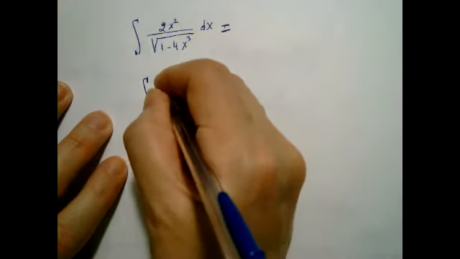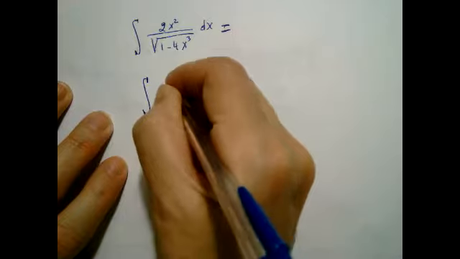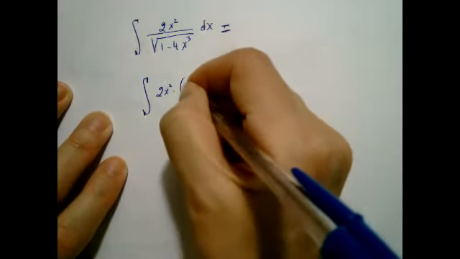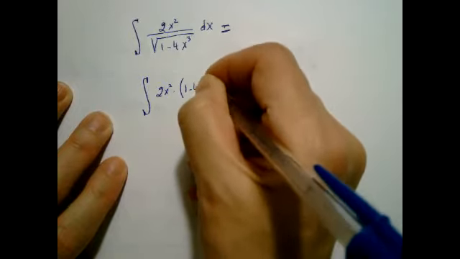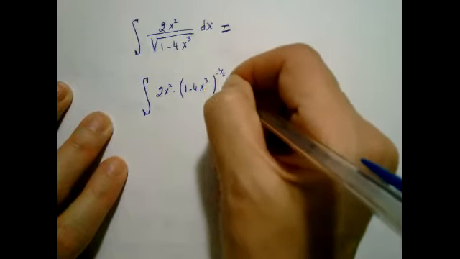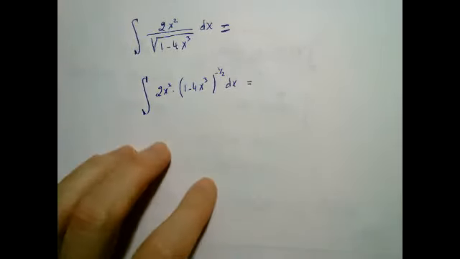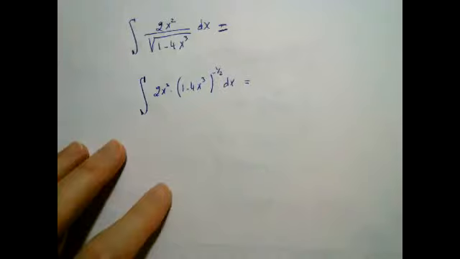Okay, so we're going to rewrite it as the integral of 2x squared times 1 minus 4x cubed to the power minus a half dx. Okay, it looks scary, but actually it's not. So now we look at it.